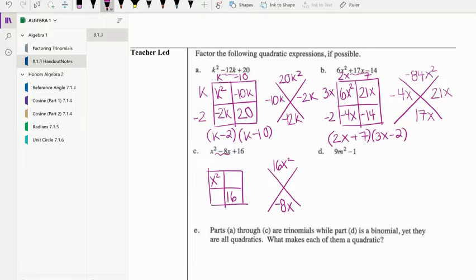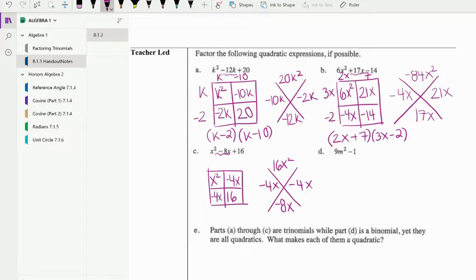All right, so from there, we need two numbers that multiply to 16x squared, but add to negative 8x. So it will end up being negative 4x and negative 4x, because if we take negative 4 and multiply by negative 4, we'll get a positive 16. But if you add them together, you will get a negative 8x.